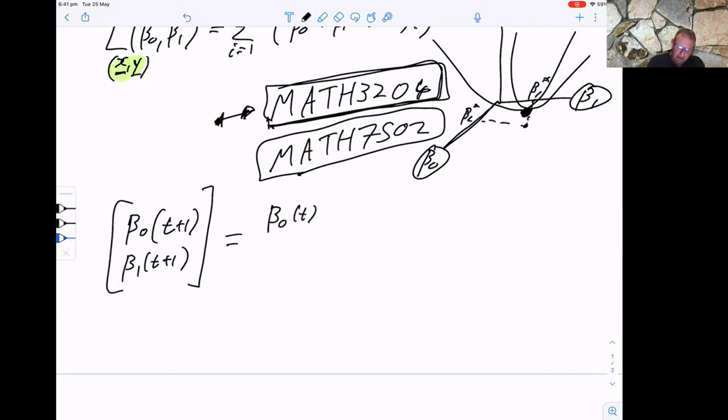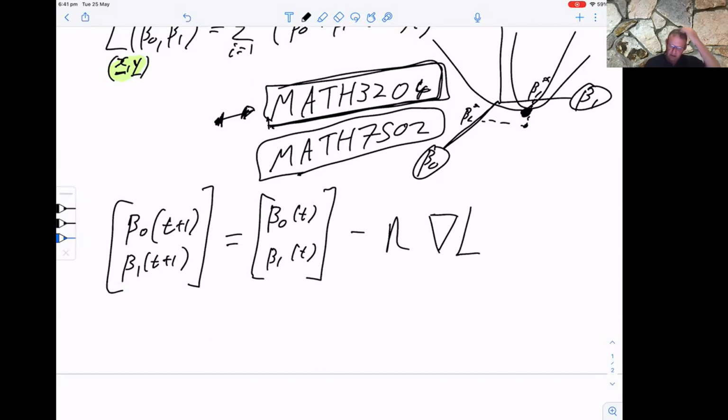Beta 0 at t, beta 1 at t, minus eta times the gradient of the loss at (beta 0 at t, beta 1 at t).